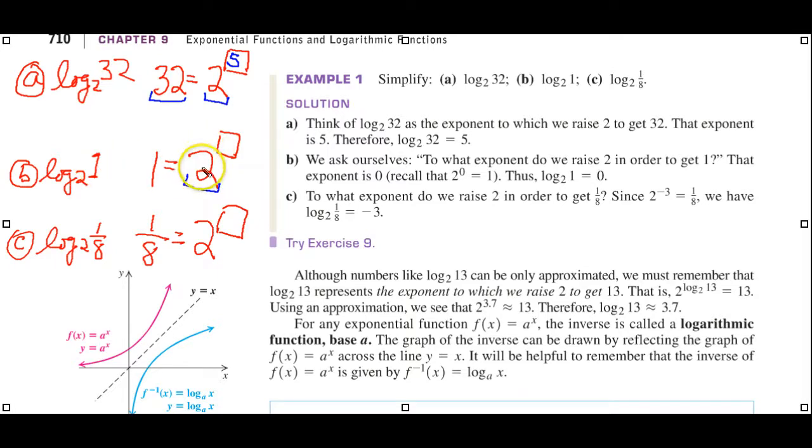Well, we know that anything, except 0, raised to a 0 power will give you 1. So the log base 2 of 1 is going to be 0.